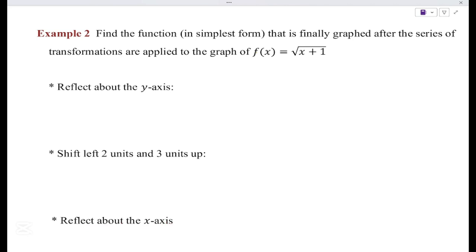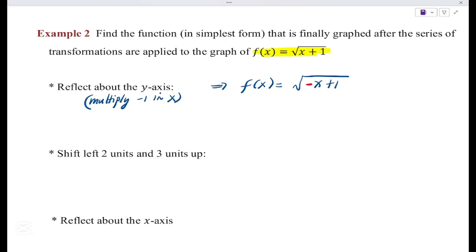So starting from this function, square root of x plus 1, if we reflect about the y-axis, then the effect in the function is we will multiply negative 1 in x. So the function will give us f of x is equal to square root of negative x plus 1.